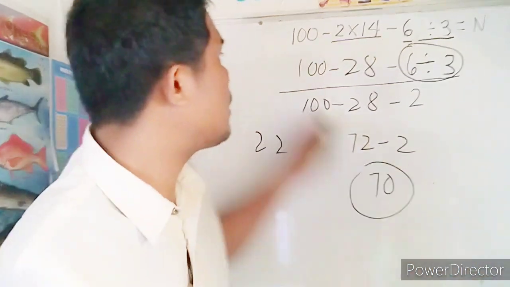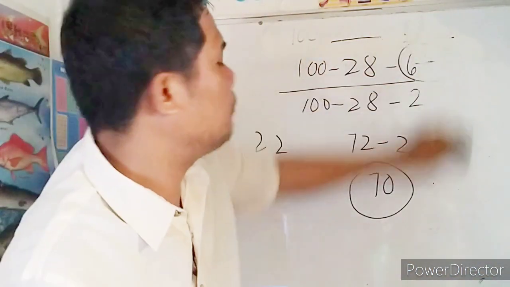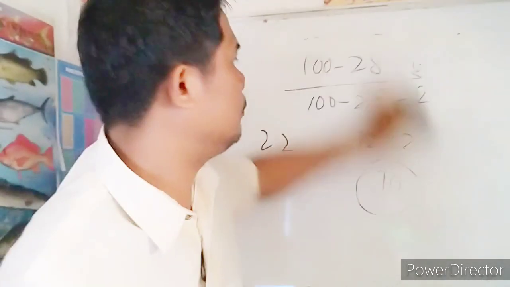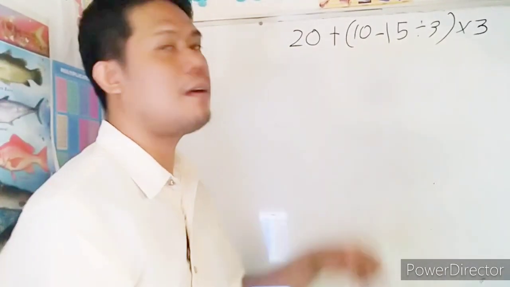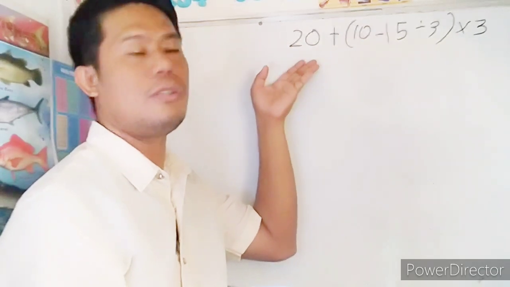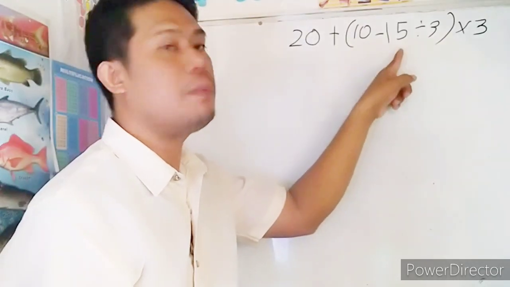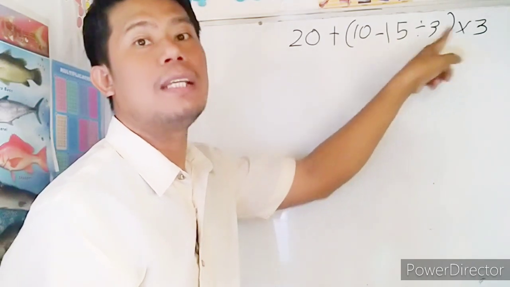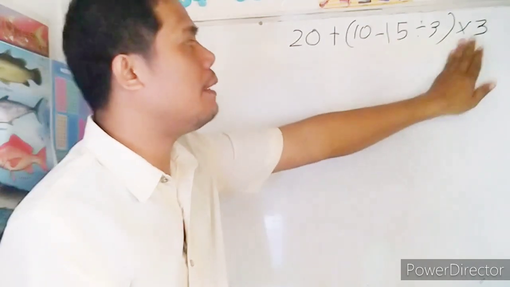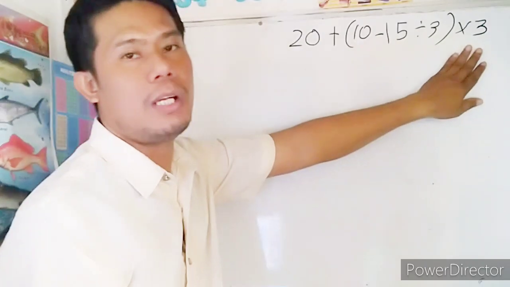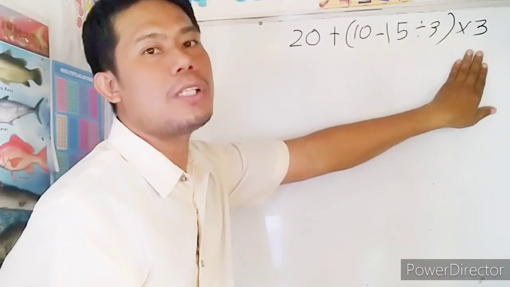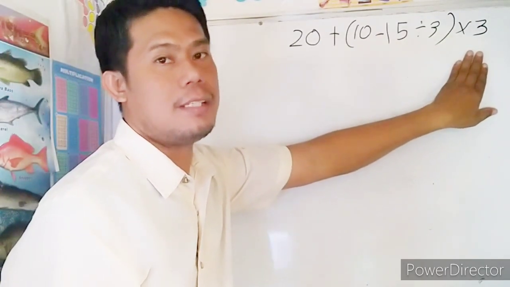Okay, so let's have another example here. We have the equation 20 plus quantity of 10 minus 15 divided by 3, times 3. So we have again the parenthesis. So we are going to perform first the operations inside the parenthesis.